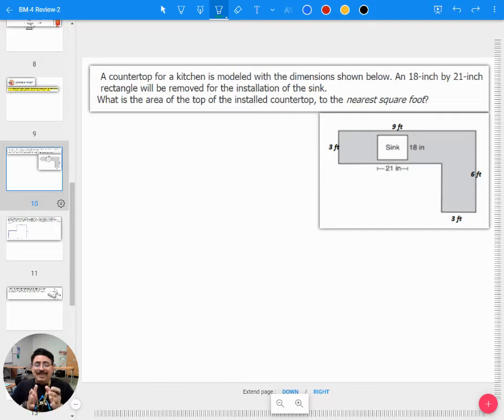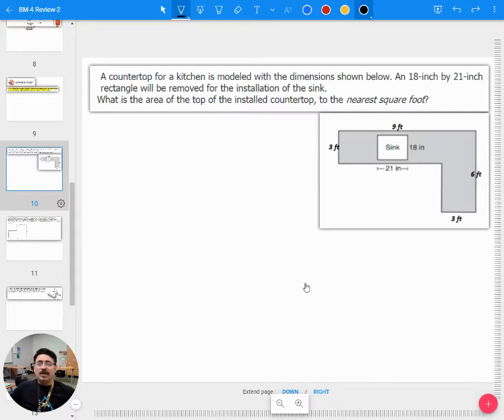So for the sink purpose, we have to cut some part. Cutting and removing means we have to subtract, right? So the question is, what is the area of the installed countertop to the nearest square foot?